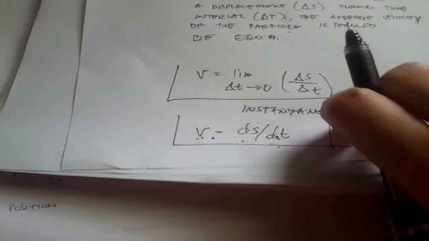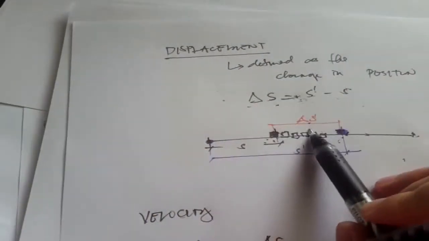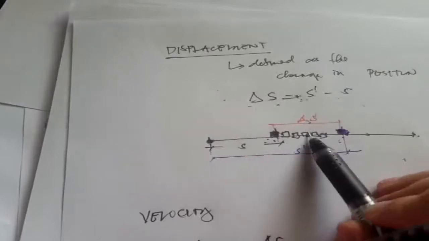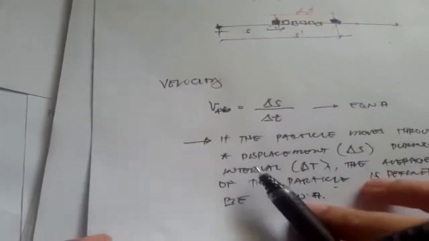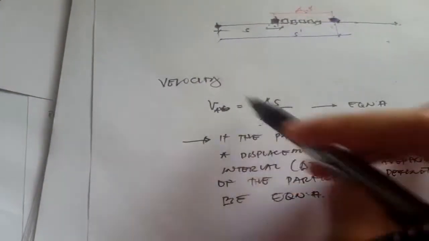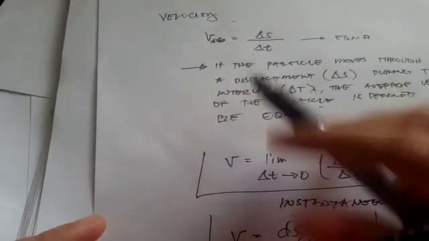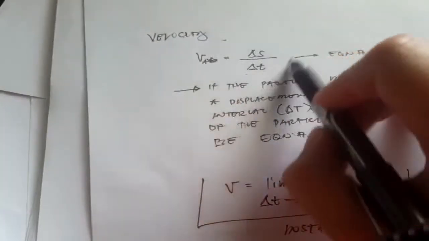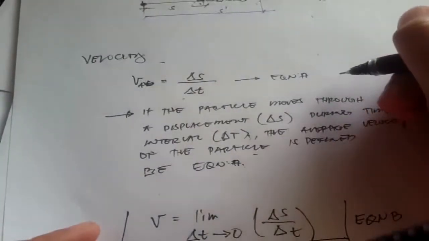Since position is a vector, therefore the displacement with the change in position can carry out its direction and magnitude. That's why it is also a vector. And since it is also a vector, the change in position over change in time, or velocity, is also called a vector quantity. Okay, since it has both magnitude and direction, so what will be the magnitude of this velocity?